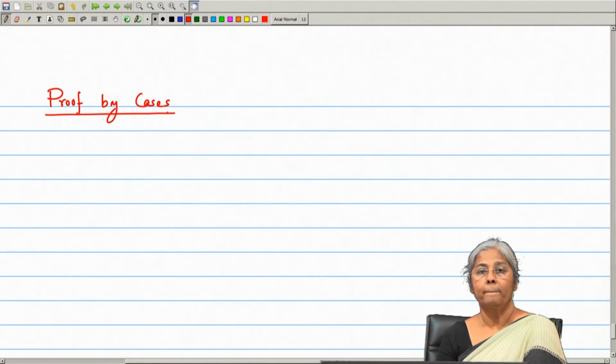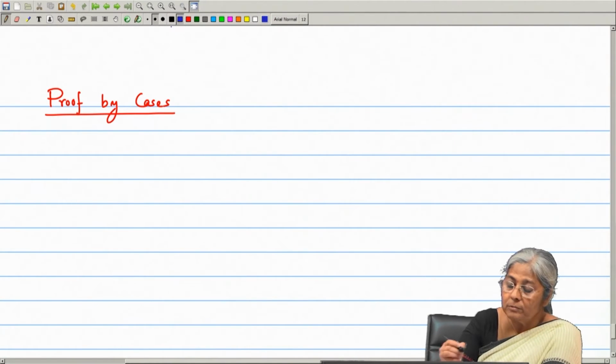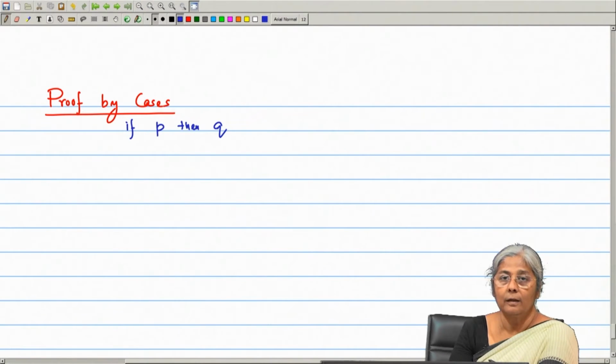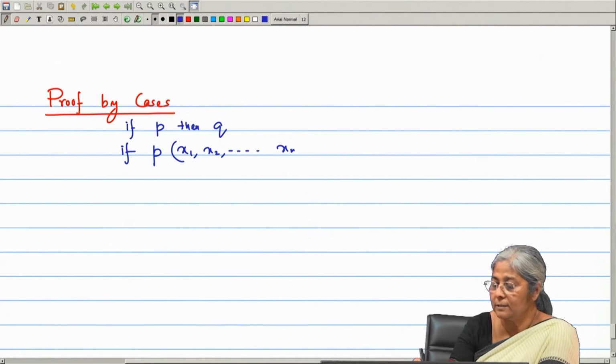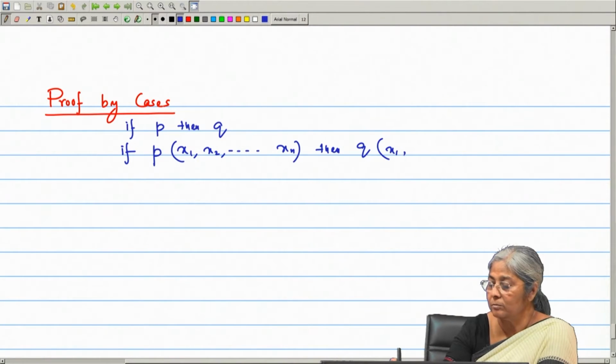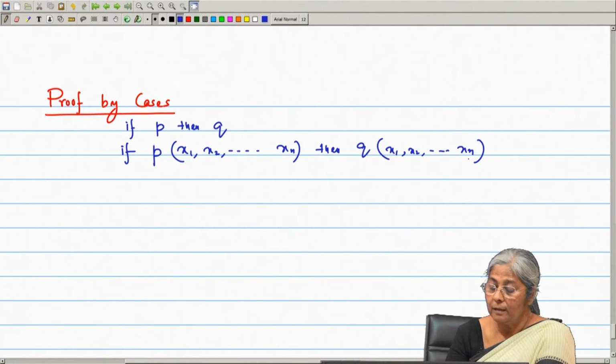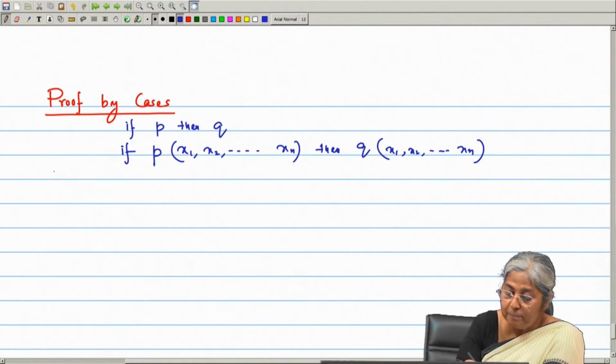How do we define it? Our theorem is stated or represented as if P then Q. If we elaborate, if P, which takes variables x1, x2, xn, then Q of x1, x2, xn. Now, this P is partitioned into different cases.